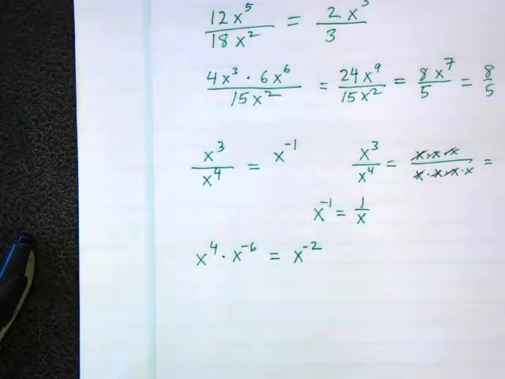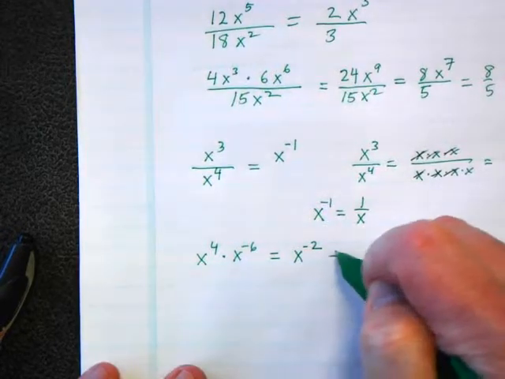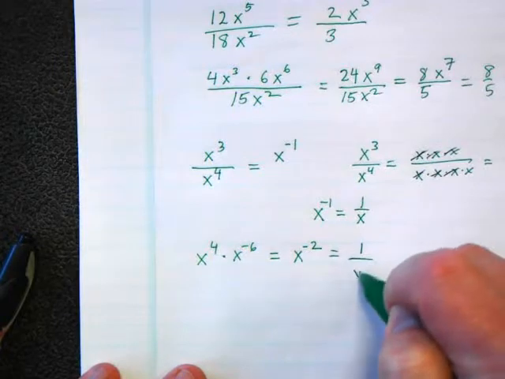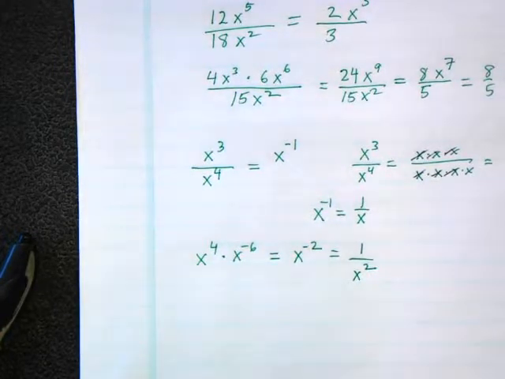But the directions in the homework and the directions on the quizzes and the directions on the test will always be write your answers only using positive exponents. In other words, what do I want you to do with that x to the -2? Put it on the bottom. So your final answer would be 1 over x squared. A negative exponent, if it's up on top, it just moves down to the bottom. Questions on that?